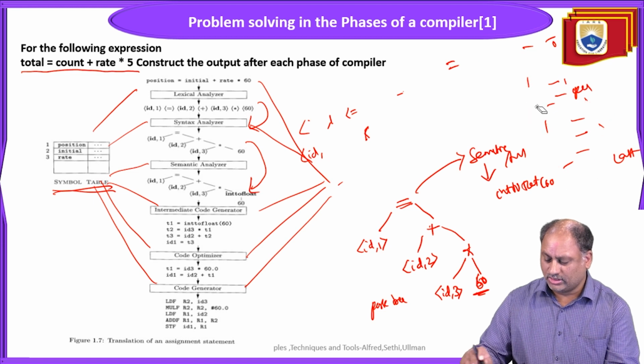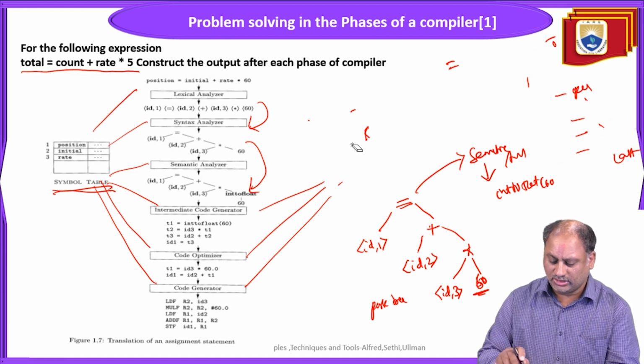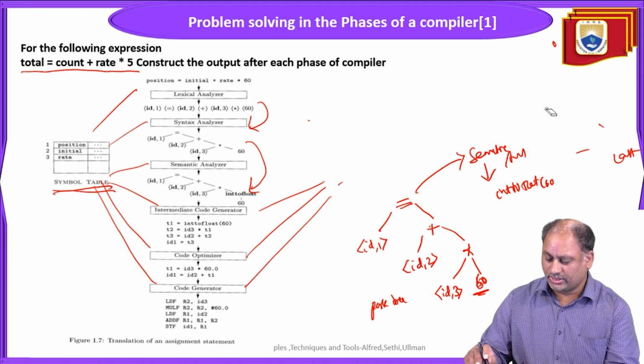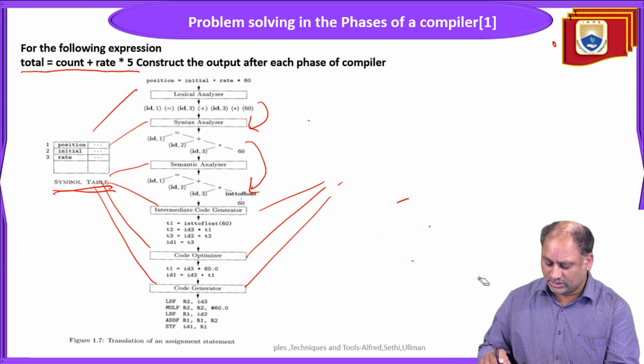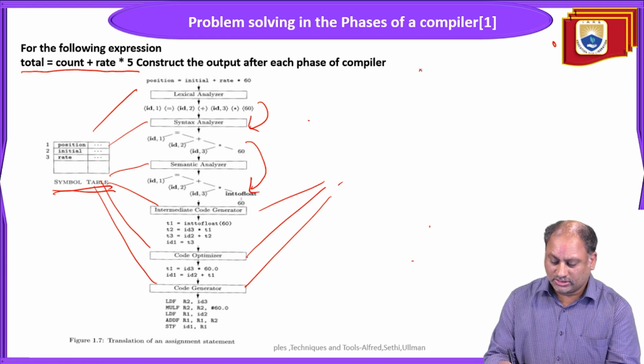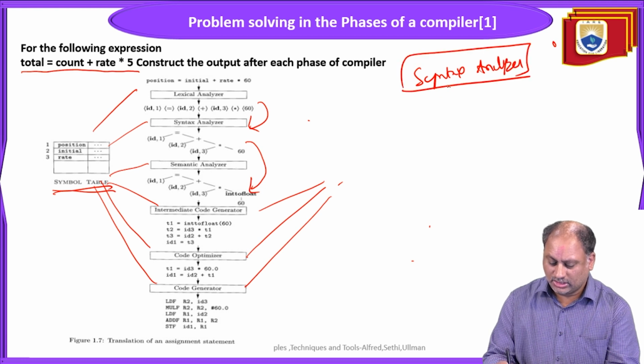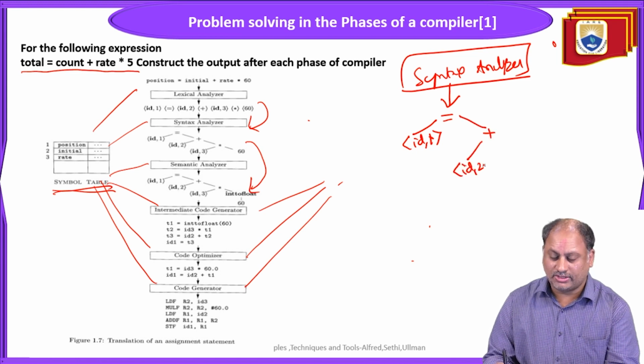Now we are going to draw the syntax analyzer with the notation, showing how each phase appears. Assume that this is the syntax analyzer phase and the output that is to be generated. In the syntax analyzer, the tree generated has, on the right side, identifier 1, and on this side plus, with identifier 2 on its left, and this star with identifier 3 and then 60.